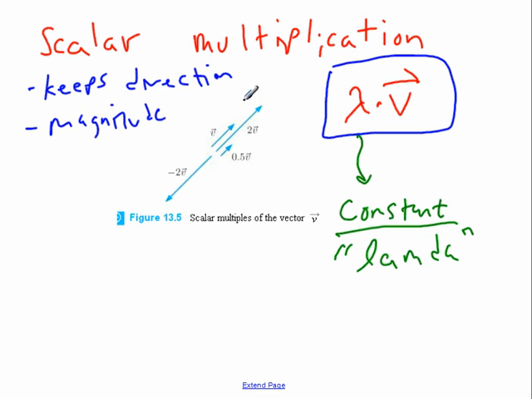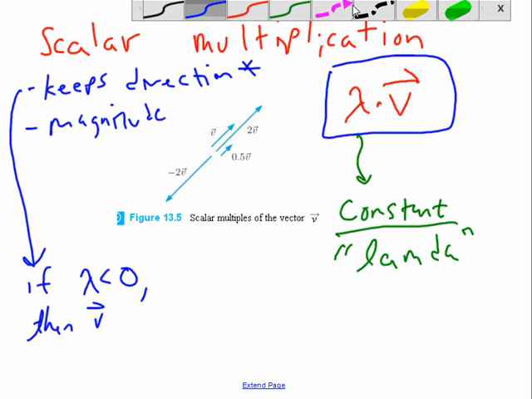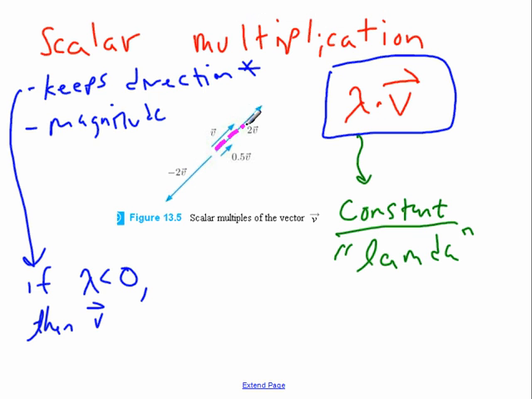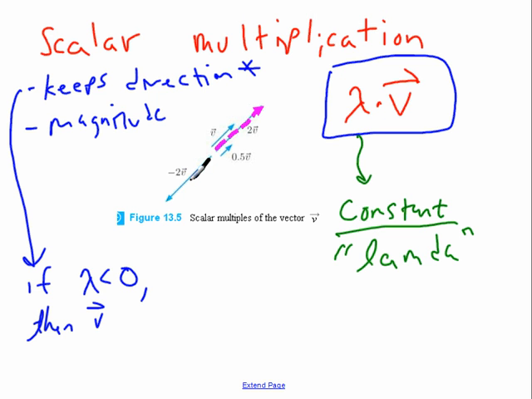I'm going to put an asterisk here on keeps the same direction because it can switch by 180 degrees. If lambda is less than 0, if it's negative, then our vector v is going to shift from moving in one direction to an entirely different direction by 180 degrees.